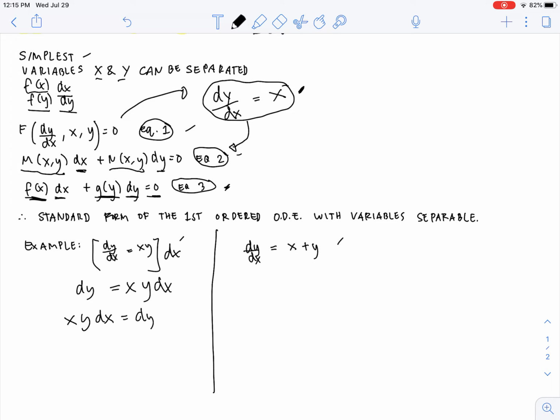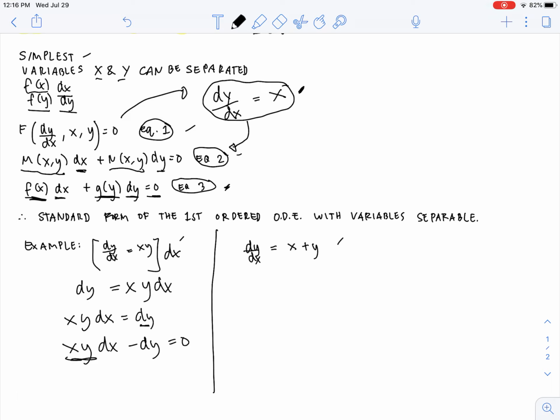The next thing, it is almost equation 2. We move dy to the left side of the equation. When we move it, the sign is reversed. It is positive, so it becomes negative. This is now xy dx minus dy is equals to 0. So this is now in a form similar to equation number 2.